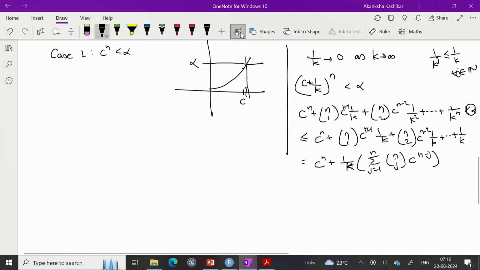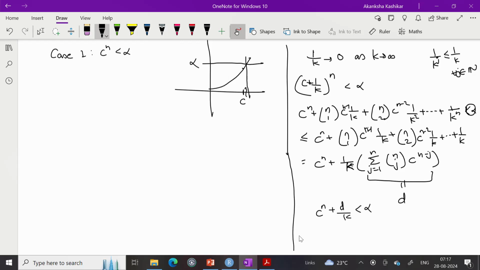And this quantity does not have k, so this is some big constant. I will call that constant, let us say, d. So this is anyway some constant, so if I can make c raised to n plus d by k less than alpha, then our job is done.